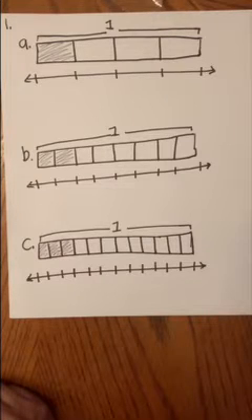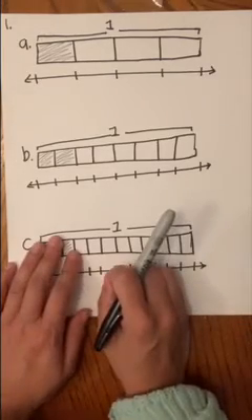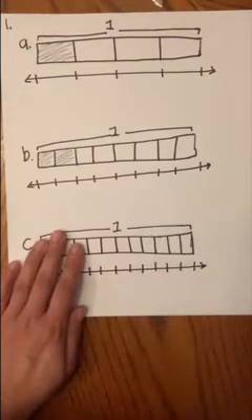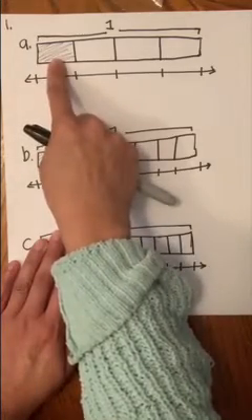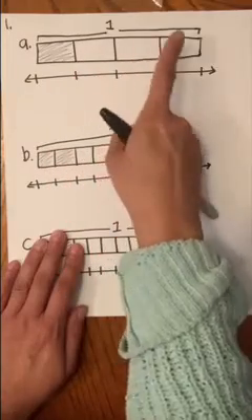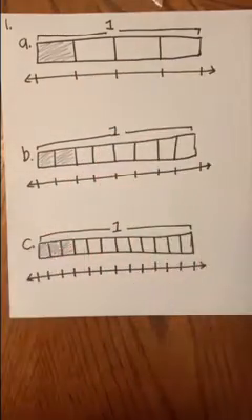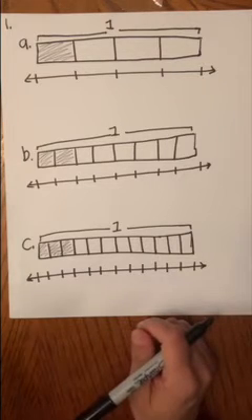Now, the second thing I'm going to do is count to see how many parts are in my whole. Let's see. 1, 2, 3, 4. 4 parts. So I know that my denominator is going to be 4.